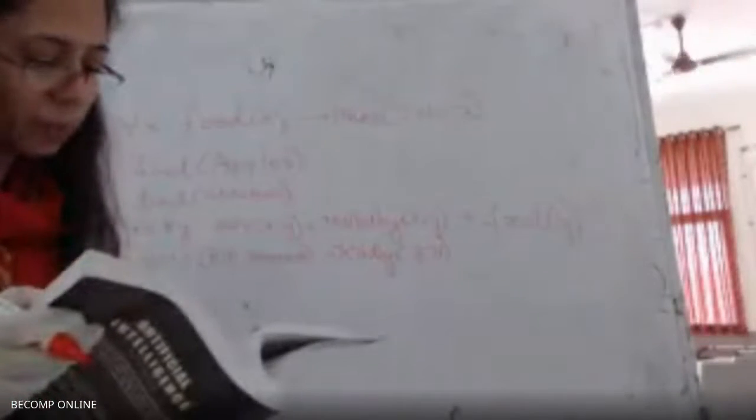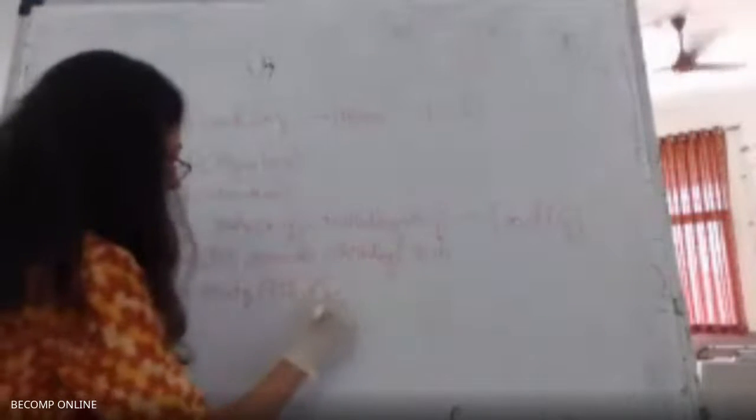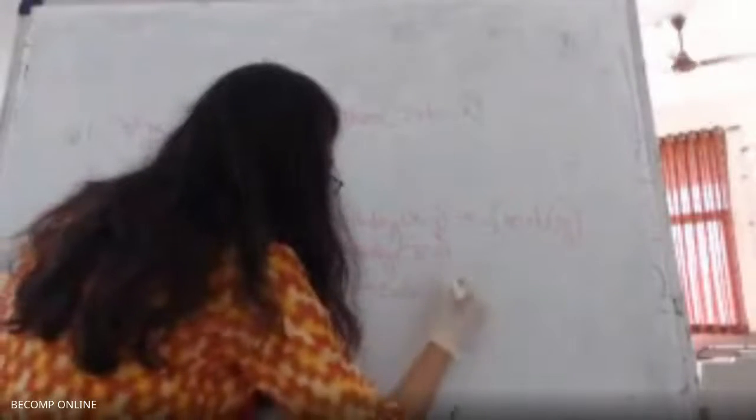The sixth fact, there are 6 facts listed in this example. It is an unsolved example in the book. Sue eats everything Bill eats. So for all x, eats Bill, comma x implies eats Sue, comma x.